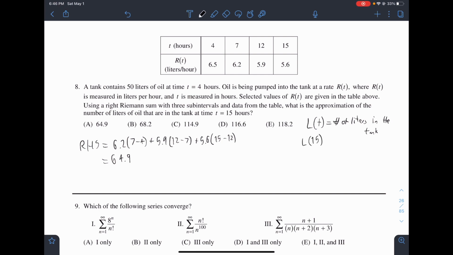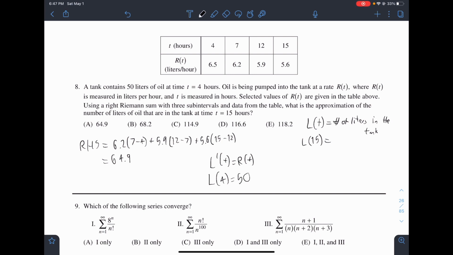And so we know that L prime of t is the same thing as R of t, so we can use that in our equation. We also know from this part of the problem that L of 4 is 50.